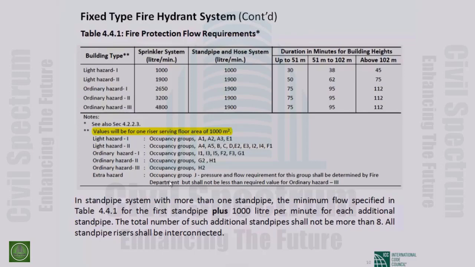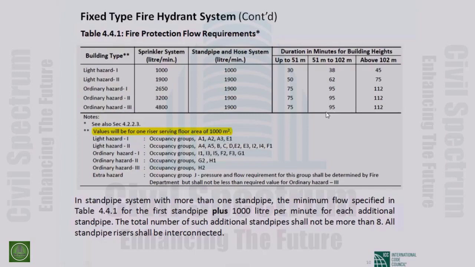So in this figure, on the left side, you see the type of hazard of your building: light hazard 1, light hazard 2, ordinary hazard 1, ordinary hazard 2, ordinary hazard 3. And you can see the occupancy type and the hazard at the bottom of this table.